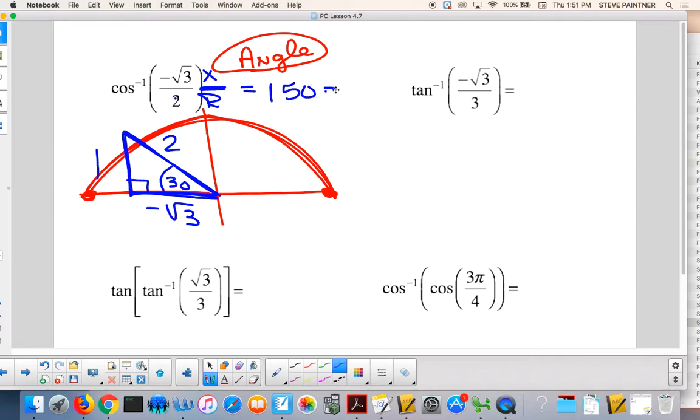But 150 in radians is? That's probably the book's answer. This is also the answer, but the book will tell you, put it in radians, okay? Try tangent. Inverse tangent. I'm trying to remember what it is. Hang on.